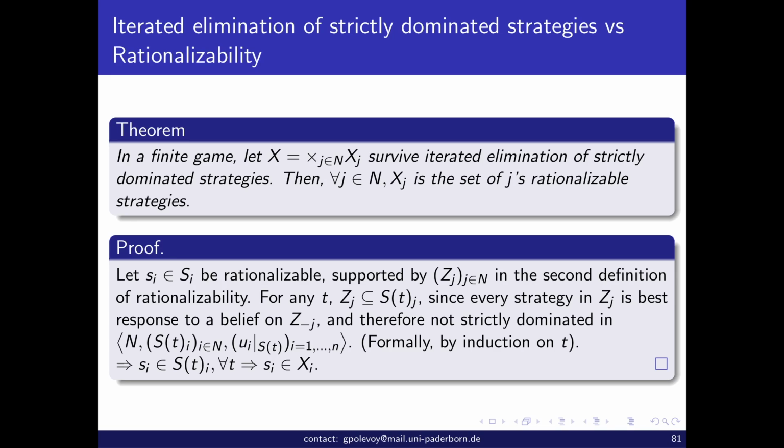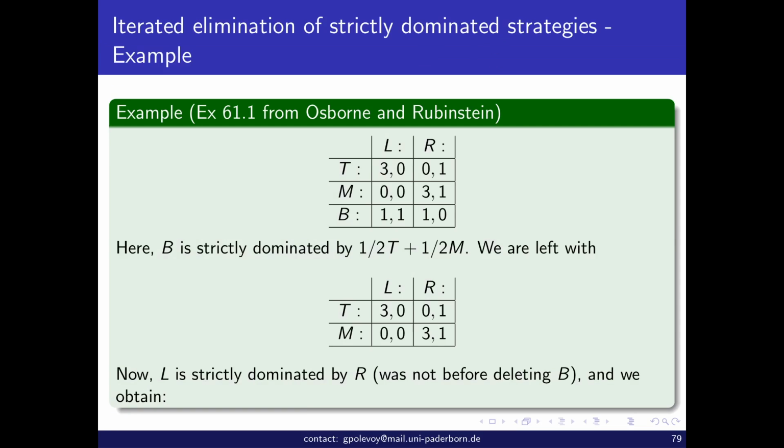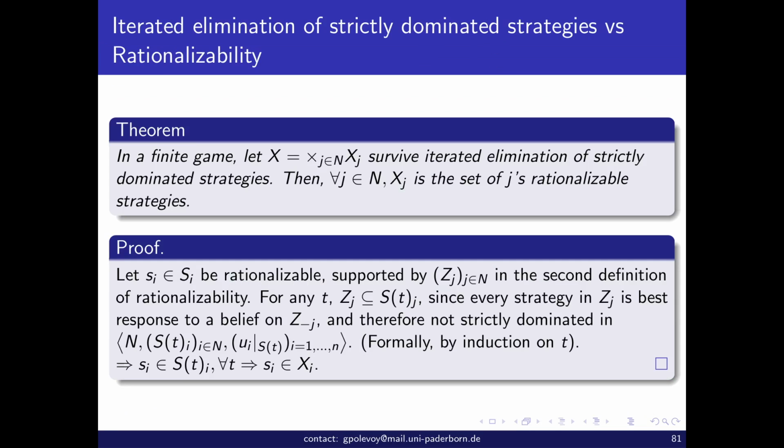So given some maximal process of deleting strictly dominated strategies, let X be those who survive. Then for any player j, the set Xj is exactly the set of that player's rationalizable strategies. In particular, of course, it does not depend on the exact order of deletion.